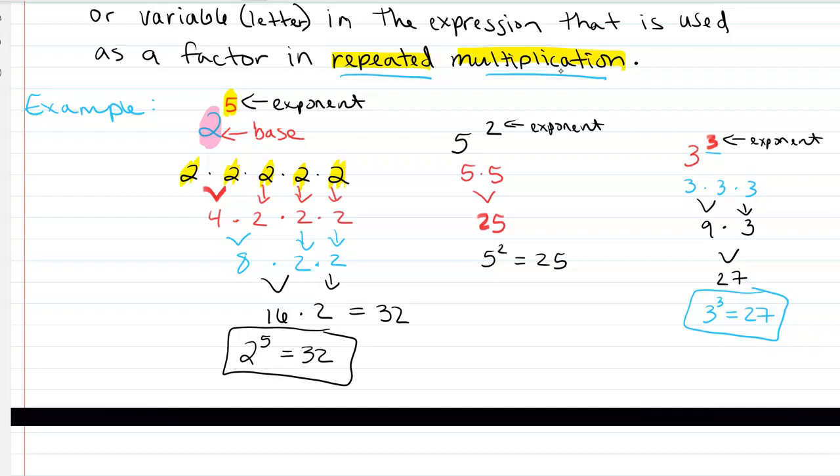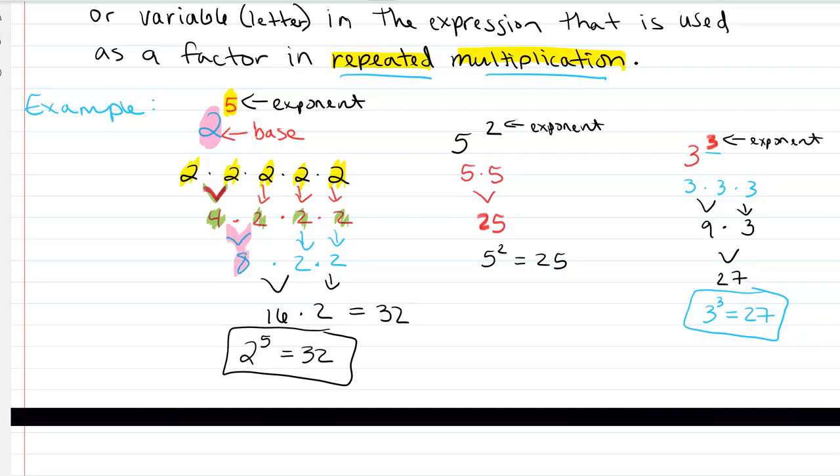We're going to go 2 times 2, which is 4, and then we bring down these other 2's. Then we're going to go the next step, 4 times 2, because remember, we read from left to right in math, just like when you're reading a book.